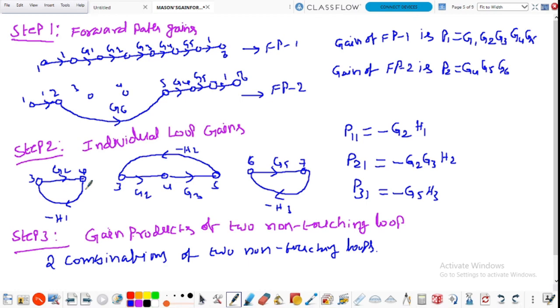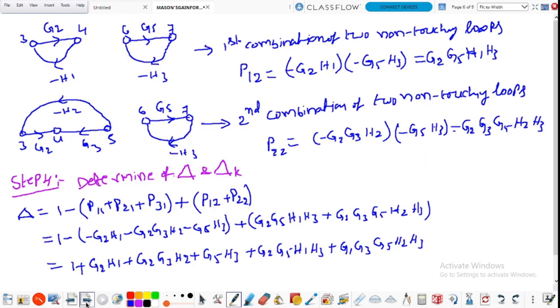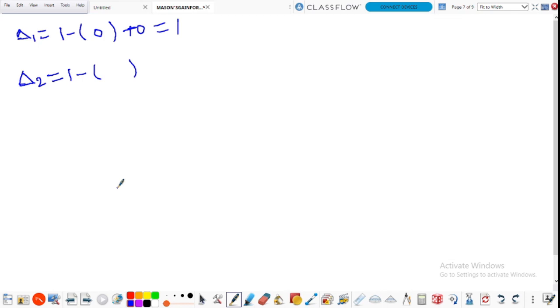This loop is not touching, the part of the graph which is not touching the second forward path. So what is that non-touching loop here? This 3 to 4 is a non-touching loop. So this loop gain is minus G2 H1. 1 minus that loop gain, minus G2 H1.